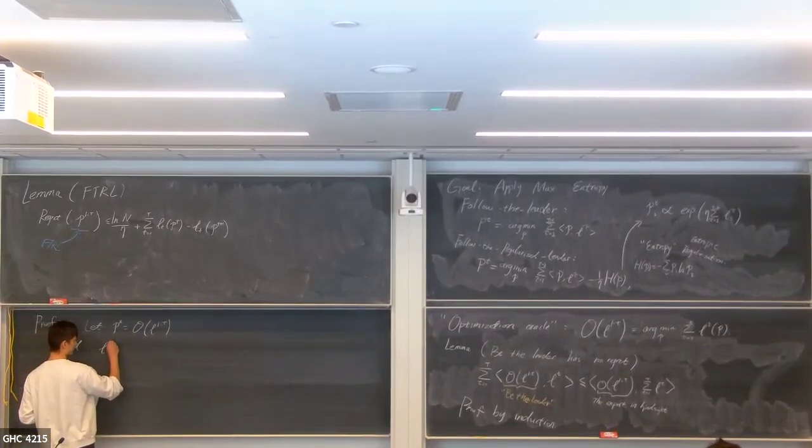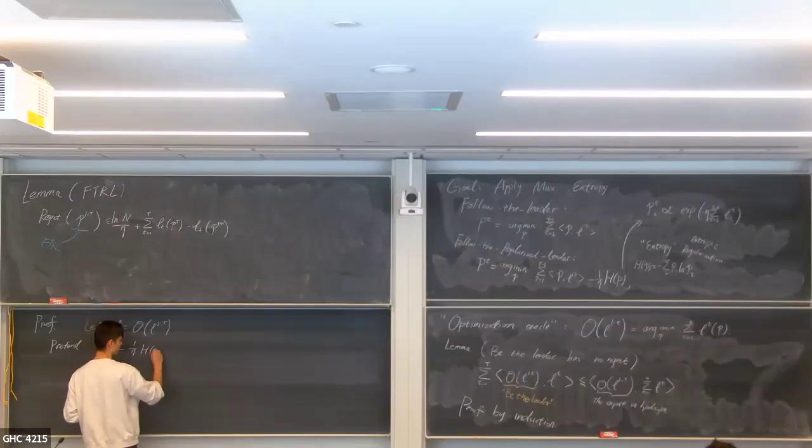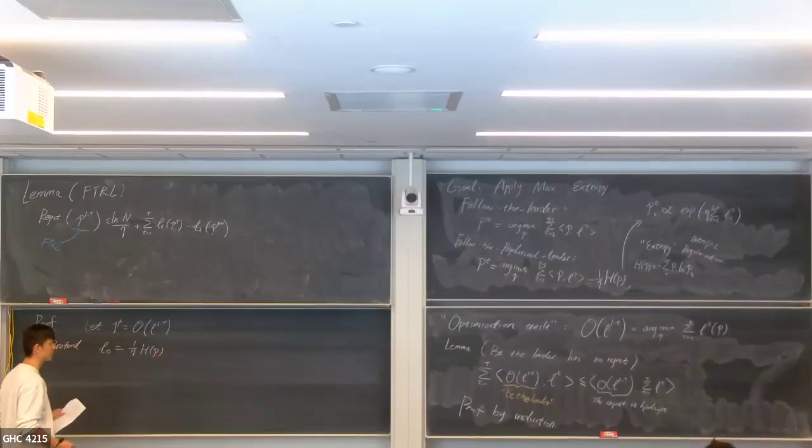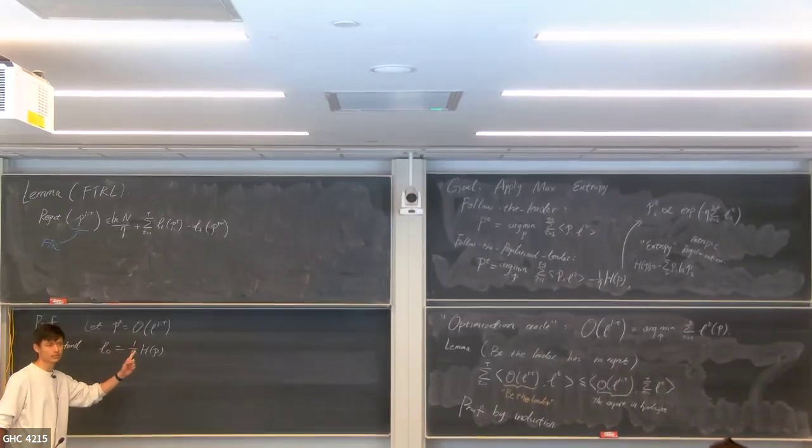Pretend L0 equals this. I want to first think about a scenario where there's a be the leader algorithm that also takes an extra step of loss before round t equals 1.